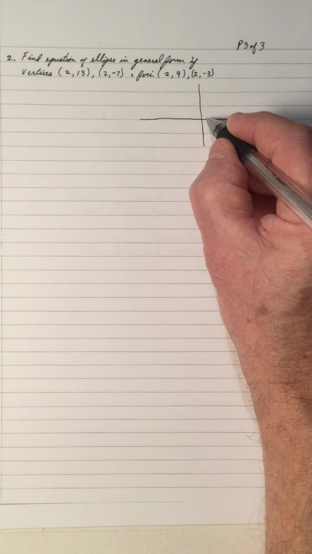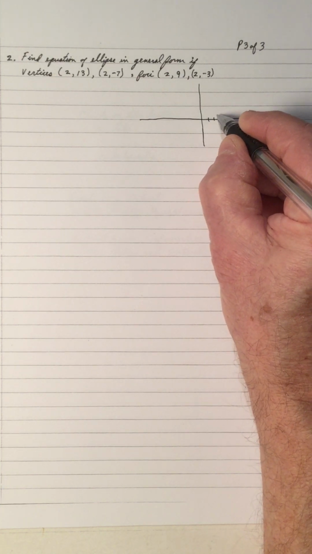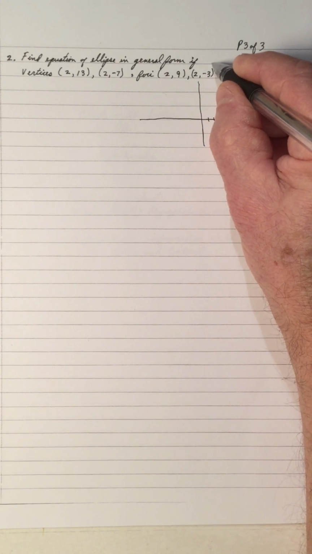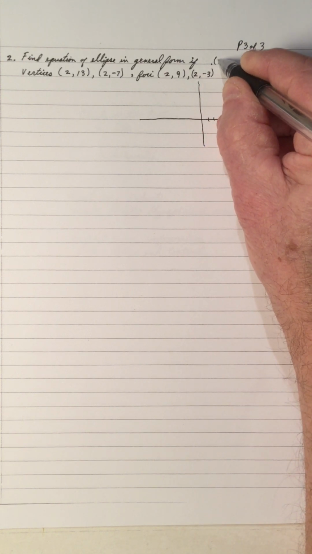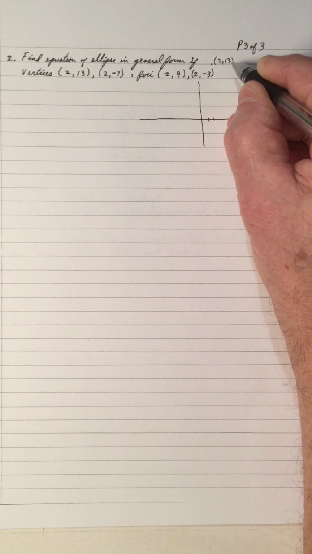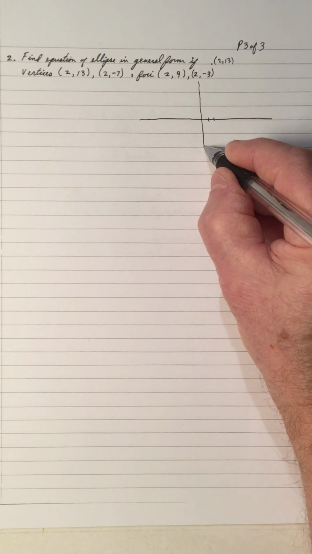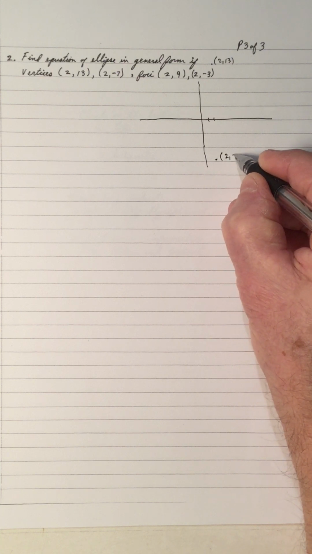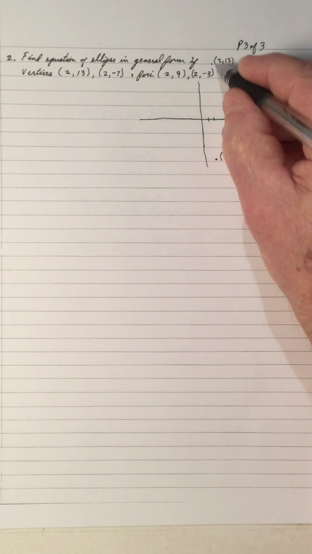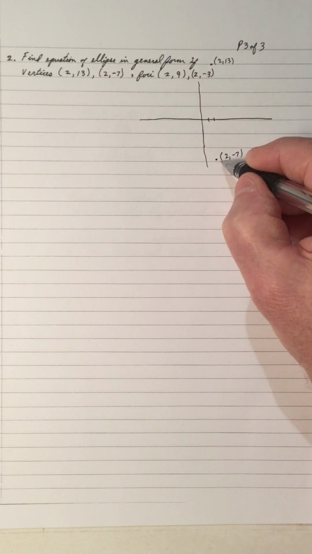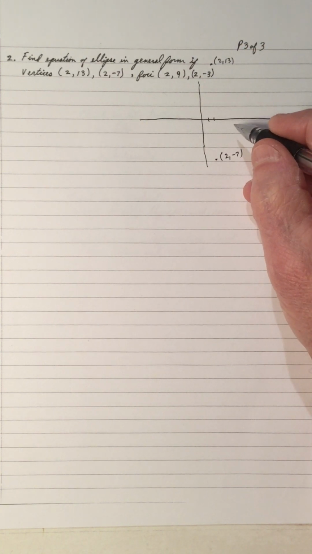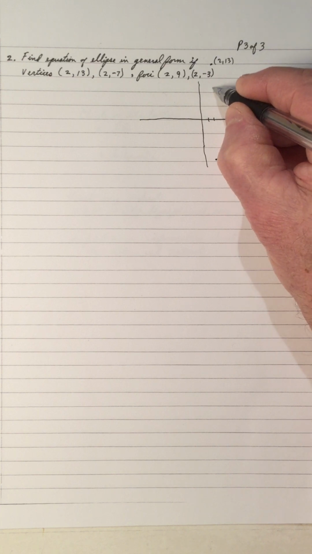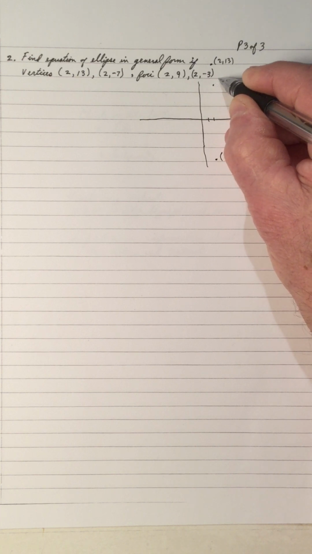So the vertices are x's 2 and 13. I'm just going to take (2, 13) to be right there, and (2, -7). These are not exact, so we're up here and down here. And the foci are (2, 9), so 2 going to 9 is, let's say, right here.